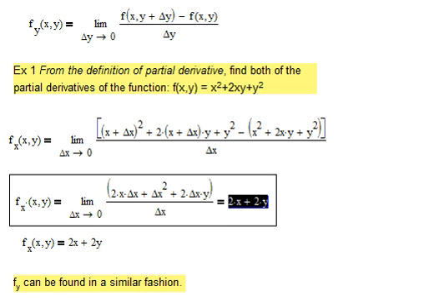Unless I dictate otherwise, you might want to try to do this as an exercise: show that the partial derivative with respect to y is also 2x plus 2y, and then from now on you'll be able to find derivatives using the rules, not the definition. I knew that would make you happy.